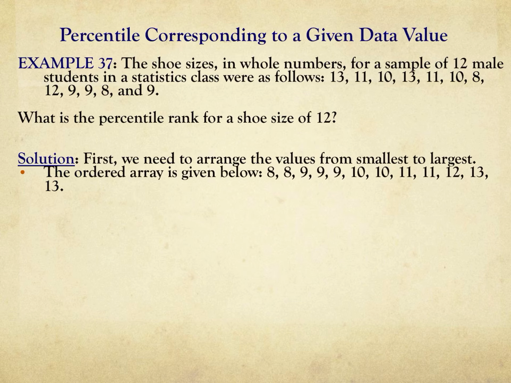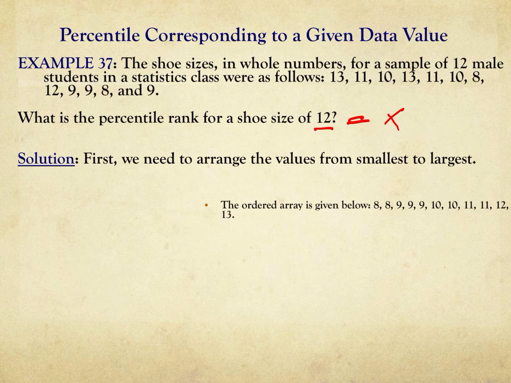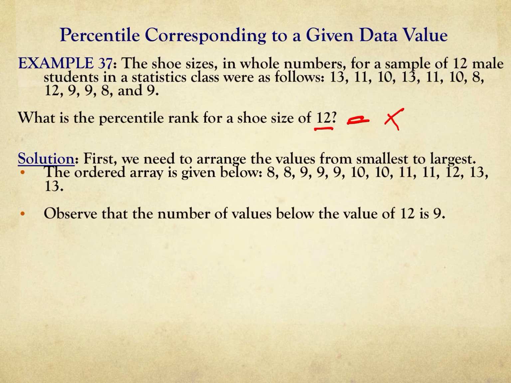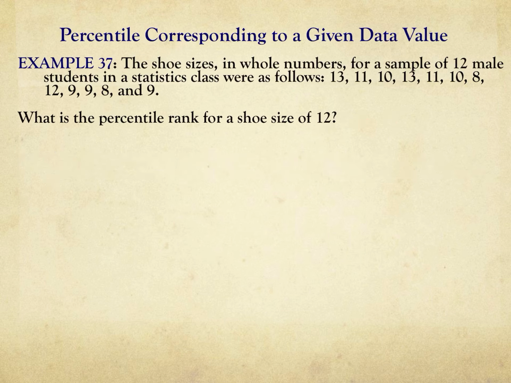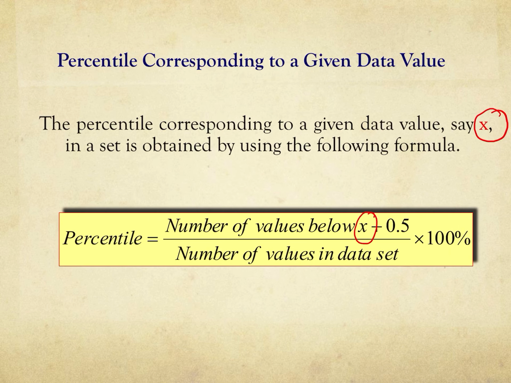The next thing we do, remember, our point of reference is 12. That is our x. The next thing we do is count the number of values before 12, or lower than 12. Remember the formula: the number of values lower than or below x.